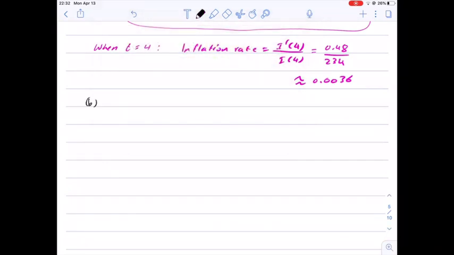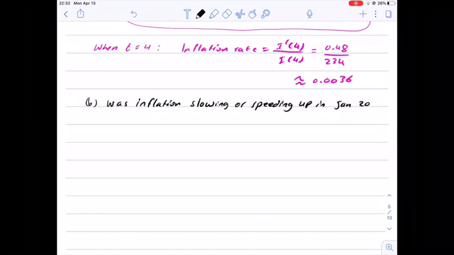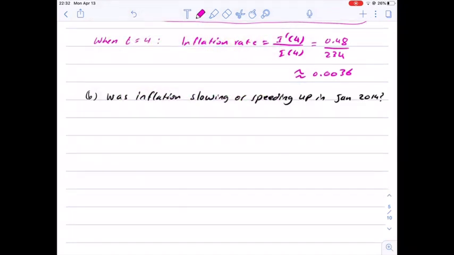Now for part B, we want to find if the inflation is slowing or speeding up in January 2014. To determine this, we need to find the second derivative.